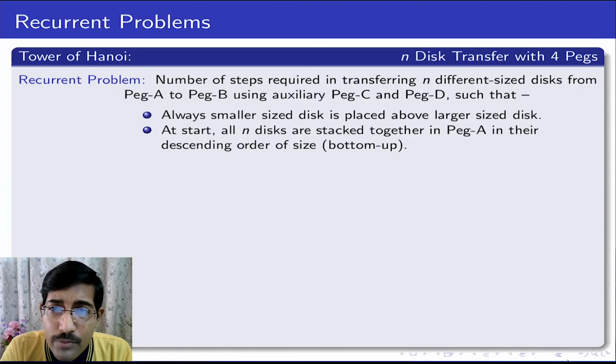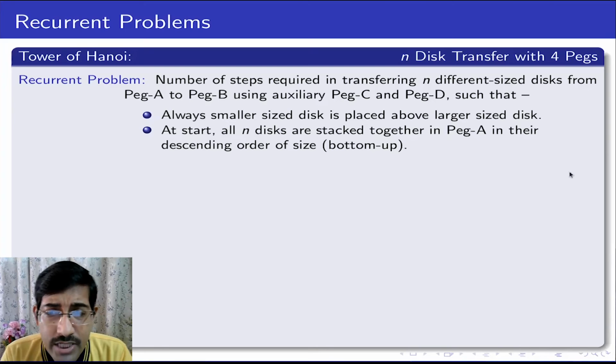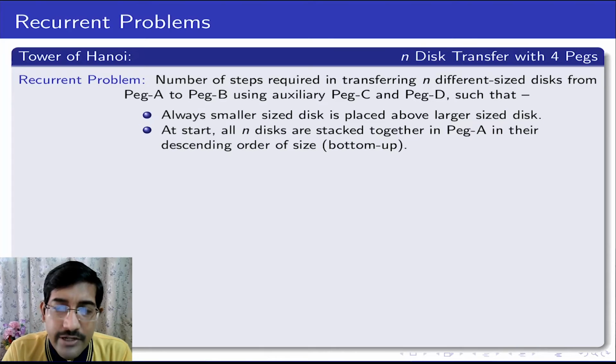The basic premise of the problem remains the same: no larger disk on top of a smaller disk, and all n disks at the start begin on peg A in descending order of size from bottom up. And you have to transfer all disks from peg A to peg B using auxiliary pegs C and D.